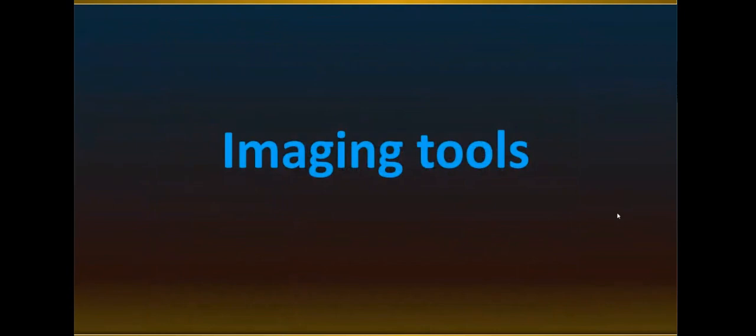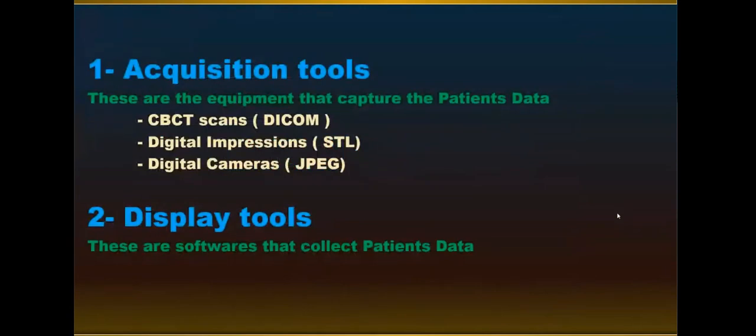What are the imaging or radiographic tools that we have in order to examine or study an implant case? First, we have acquisition tools, which means the equipment that collects the data of the patient from a capture.